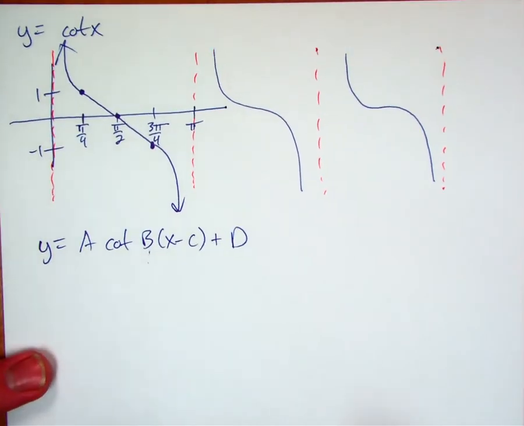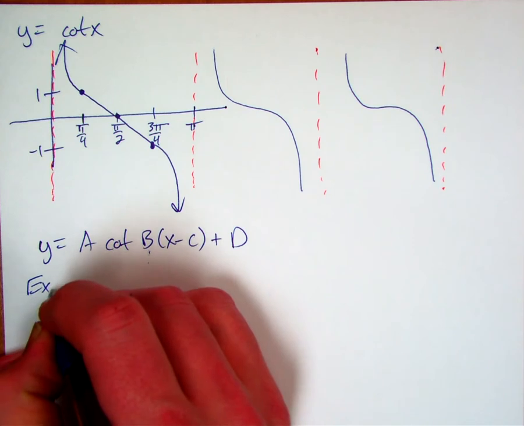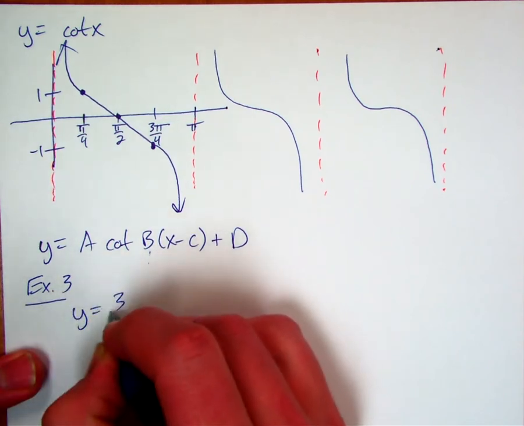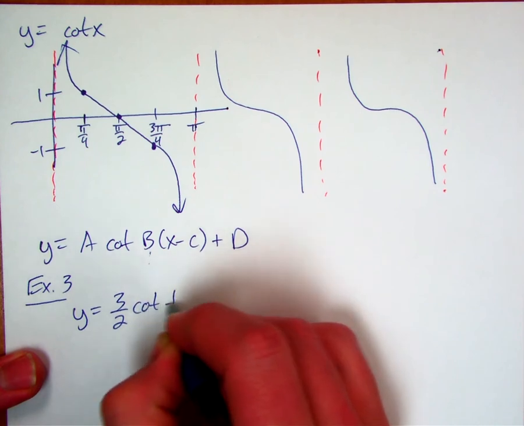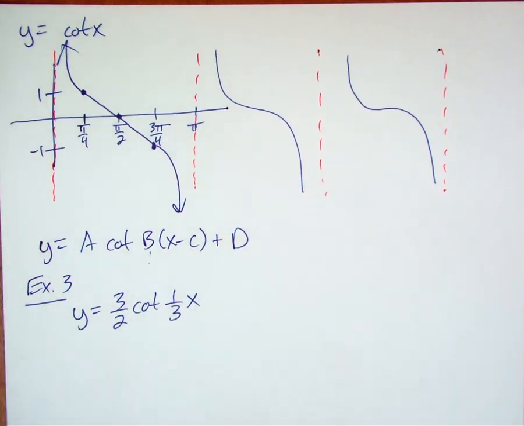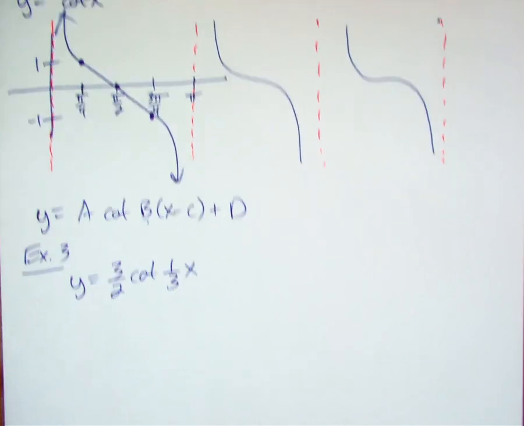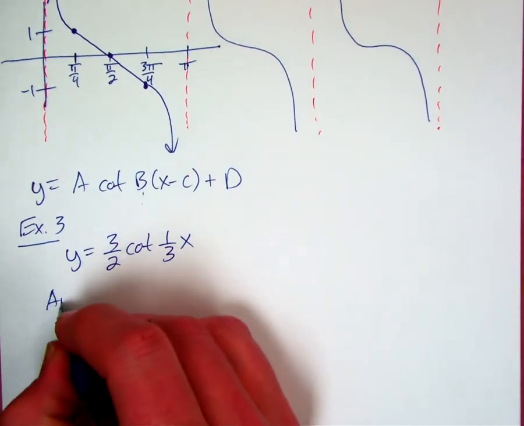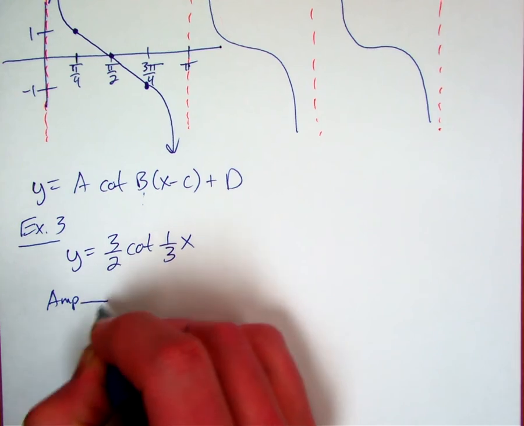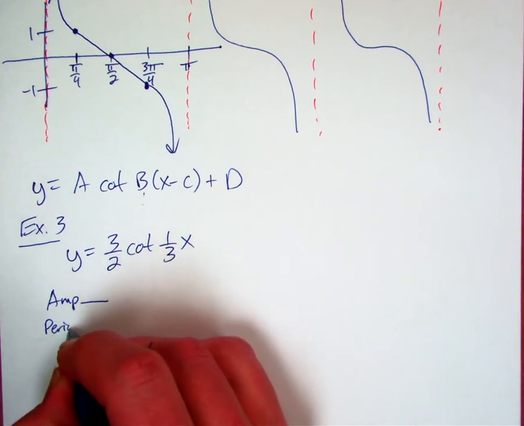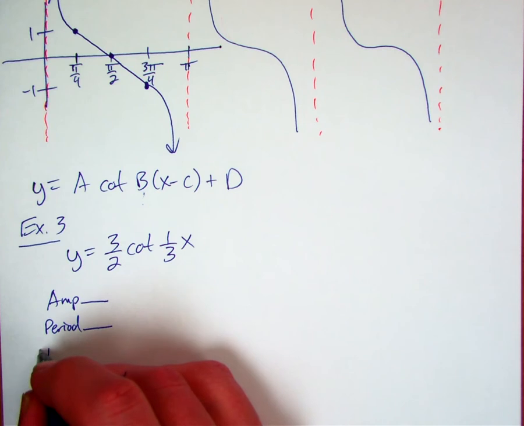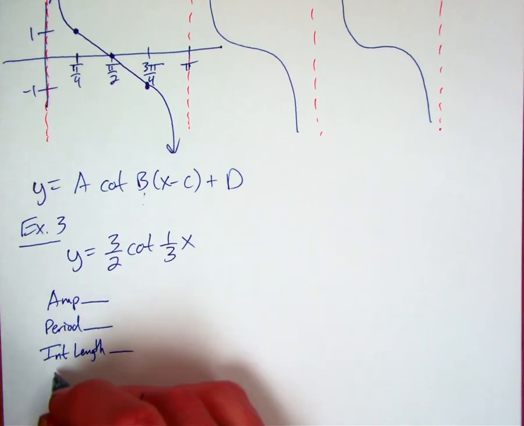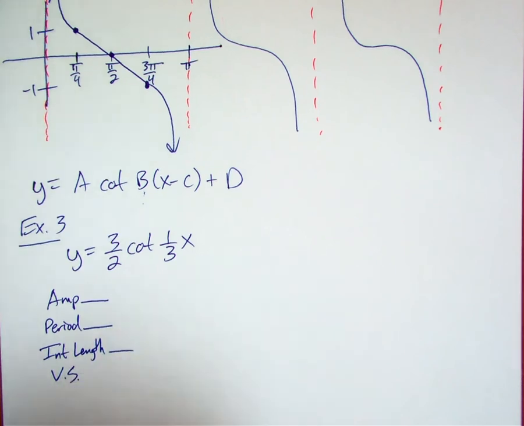So let's go ahead and look at a few examples of this one. Example number 3. Let's do y equals 3/2 cotangent 1/3 x. We'll have a little bit of fun there with a fraction. Okay. Amplitude, period, interval length, vertical shift.